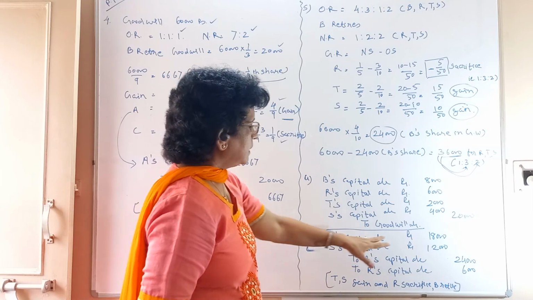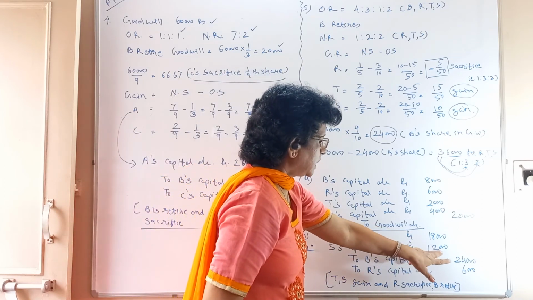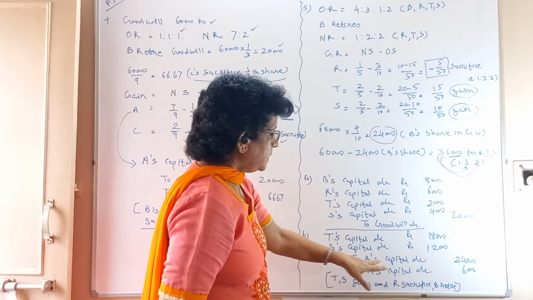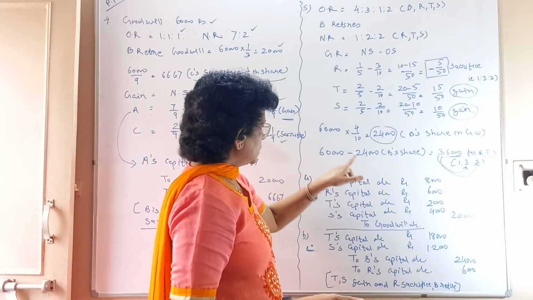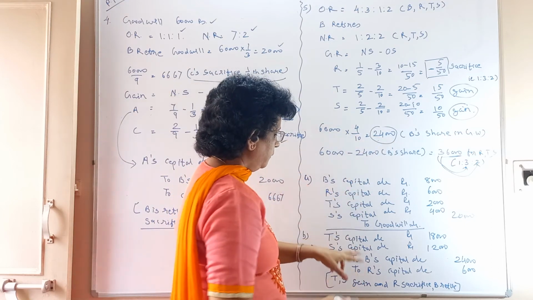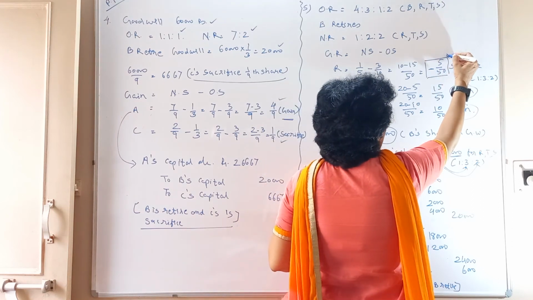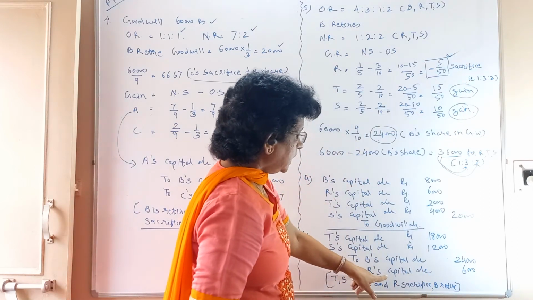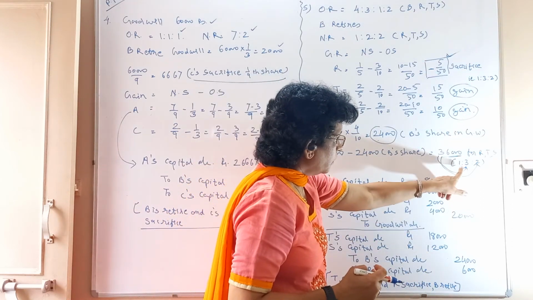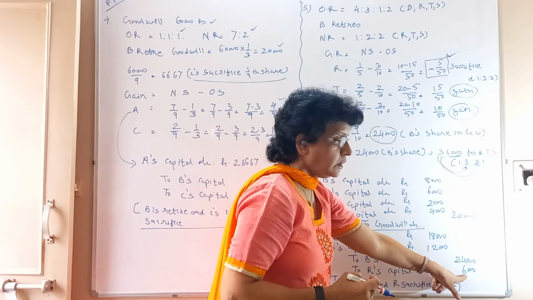So T's capital account debit 18,000. S's capital account debit 12,000. To B's capital account, the portion we have already calculated, 4/10, that is 24,000. To R's capital account, the partner who is sacrificing, his portion is 1/6. So that comes to 6,000 rupees.